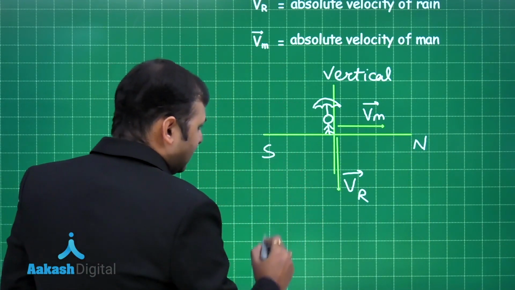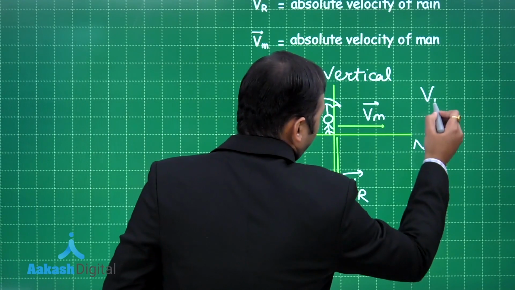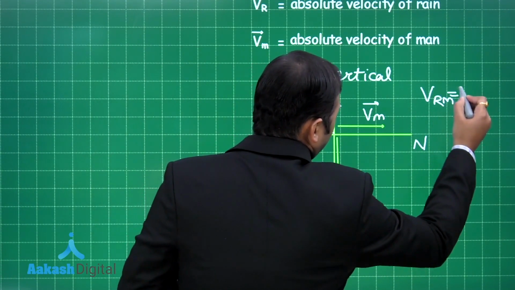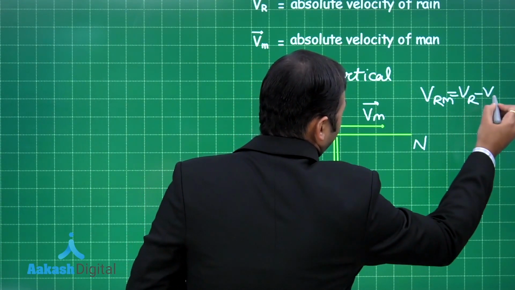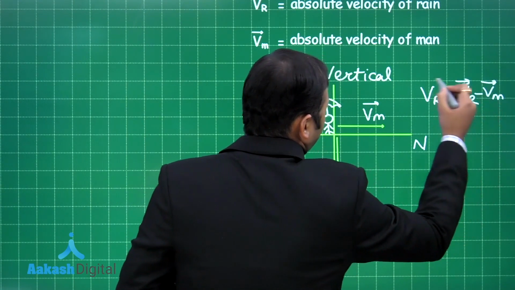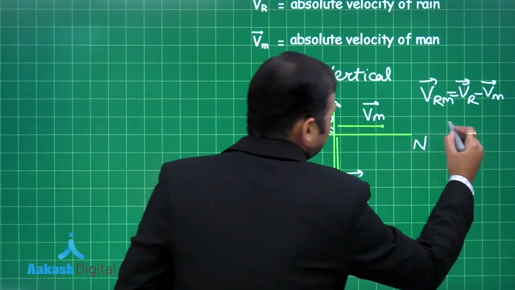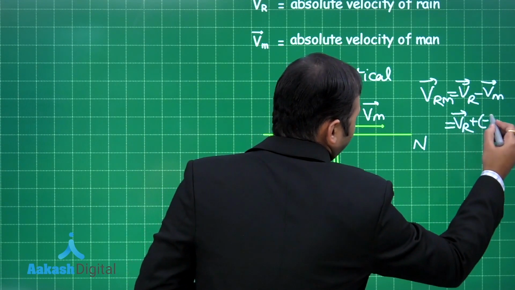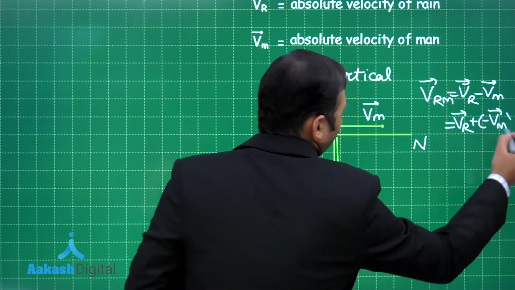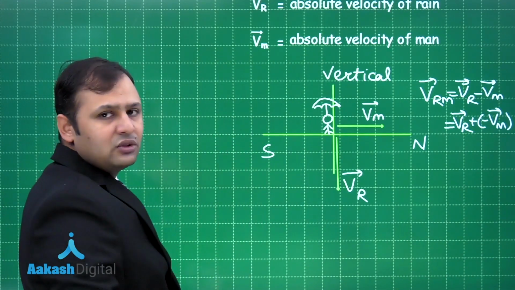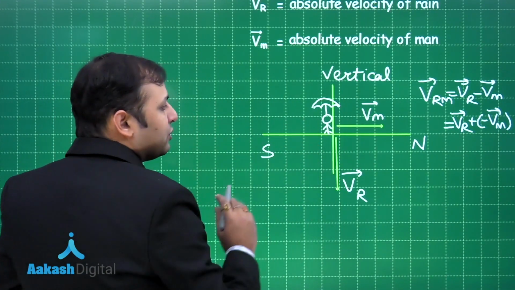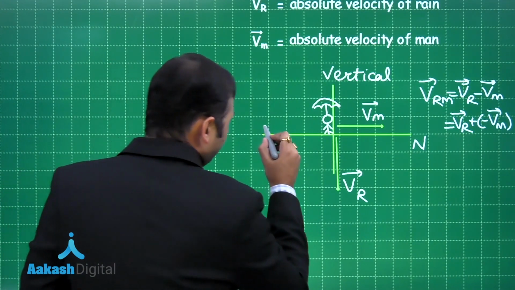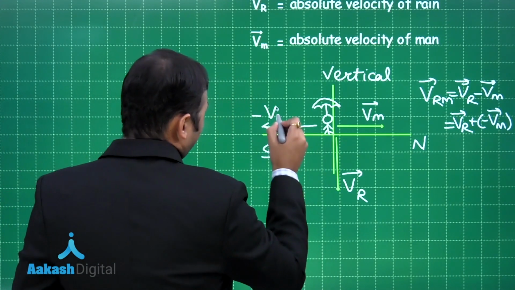With the relation of VRM, you are writing it as VR minus VM. And this is a vectorial relation. This can also be written as VR plus of minus VM. Now how can you represent this one? If you take the inverse of VM, it will be like this. This would be minus VM.